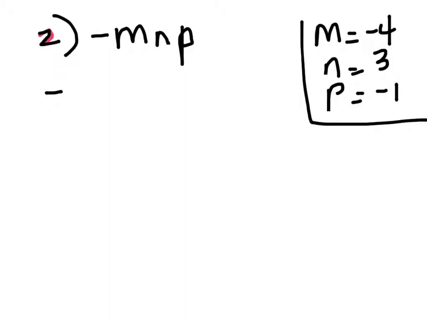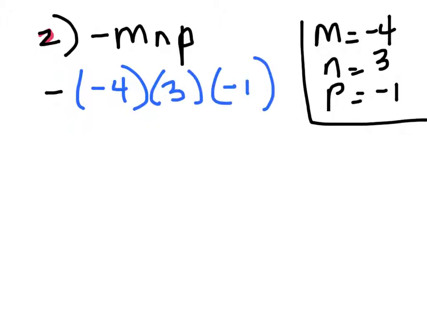M is minus 4, N is 3, and P is minus 1. So let's see, how many negatives do I have here multiplying? 3. My answer will be negative. Negative 4 times 3, 12, and 1, 12. Negative 12.